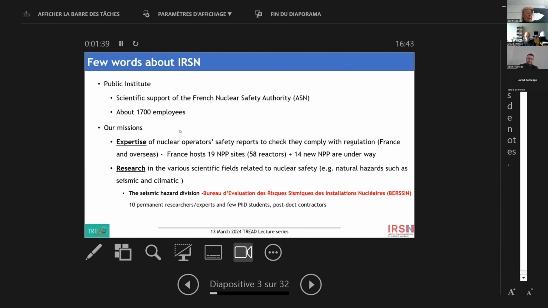IRSN is an institute that is mainly a scientific support for the French Nuclear Safety Authority. So we have both the mission of expertise, where we check that nuclear operators' safety reports comply with the regulation, but we also have a research aspect in our daily life in various fields related to nuclear safety.